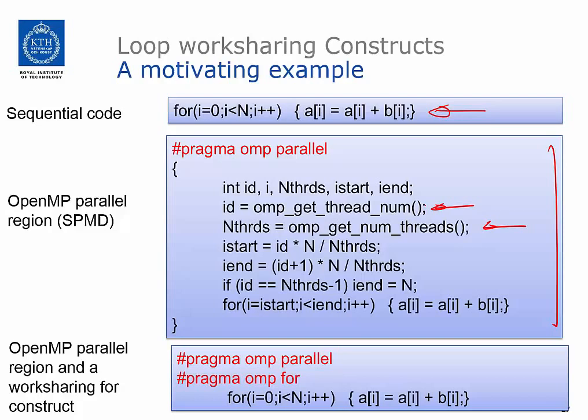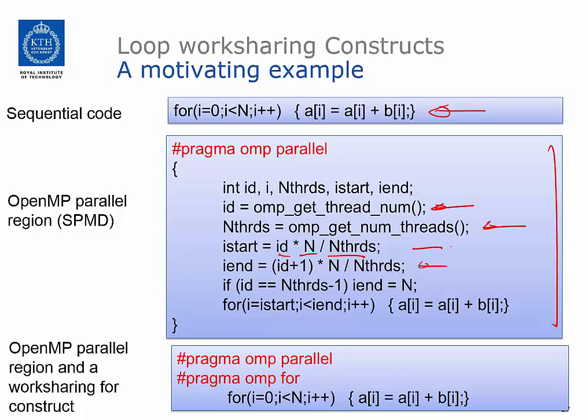You have to calculate the starting index for each thread, and you take the thread ID times the number of iterations, divide by the total number of threads, and then you get a start ID for one thread, and then you get the end ID calculated by this.